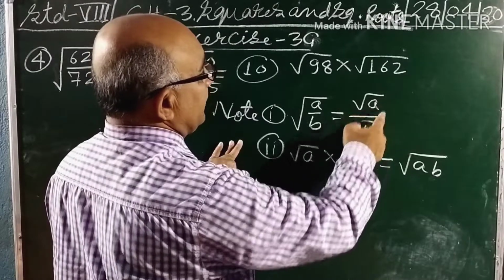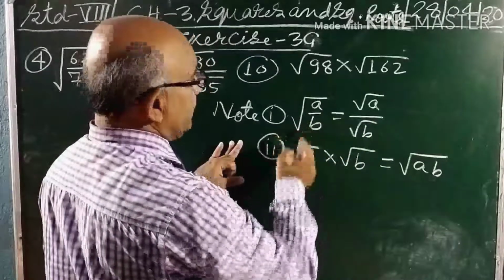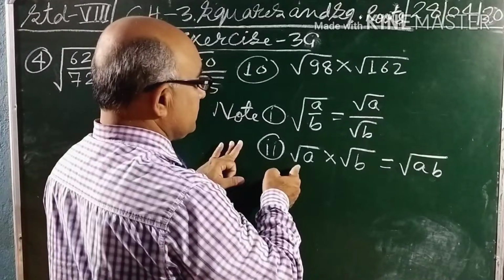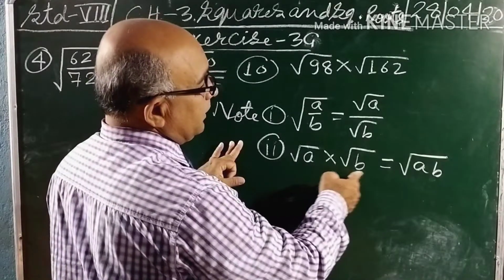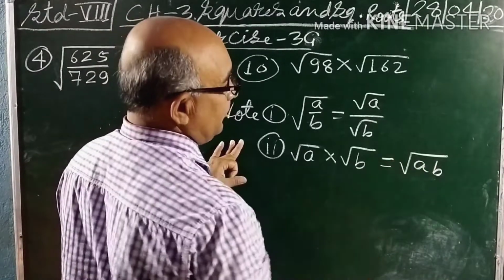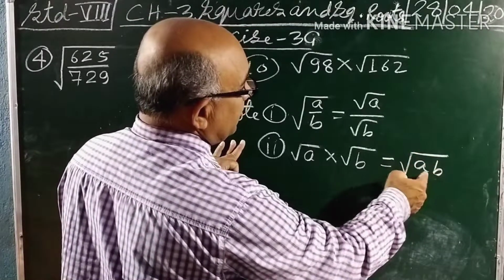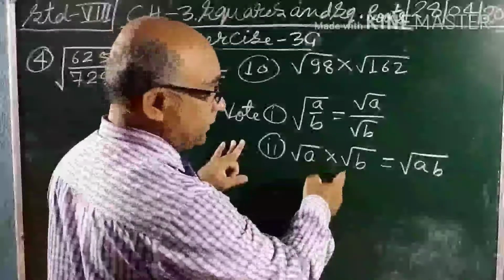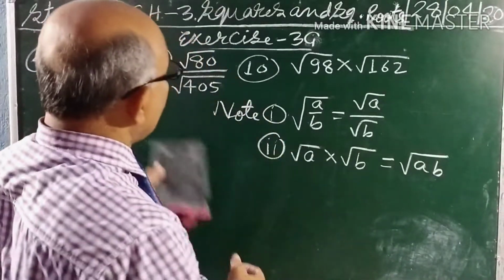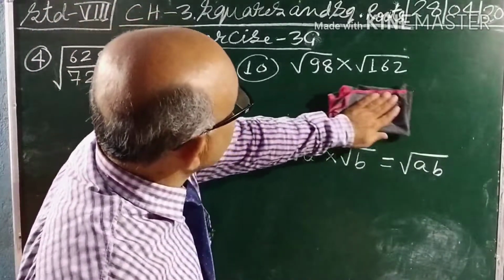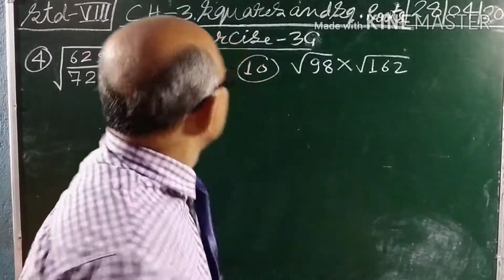Root a into root b equals under root a into b. With the help of these notes, I solve some questions.